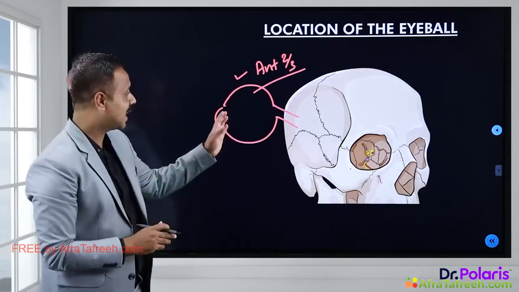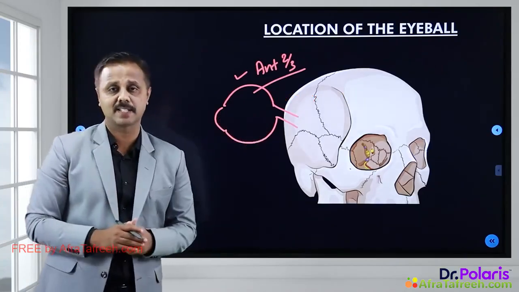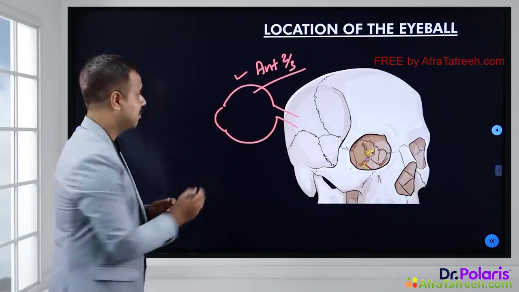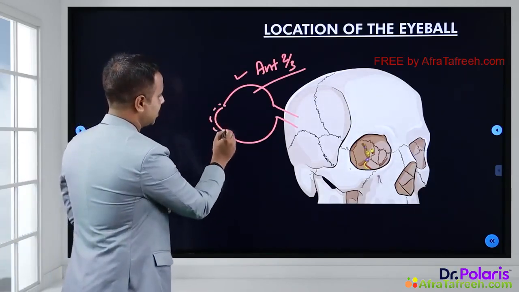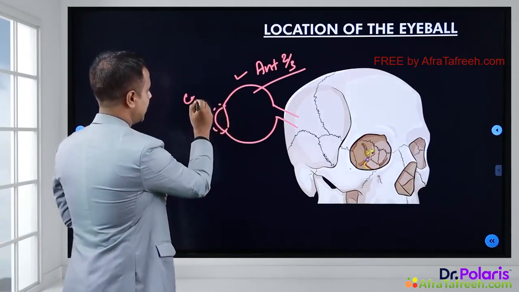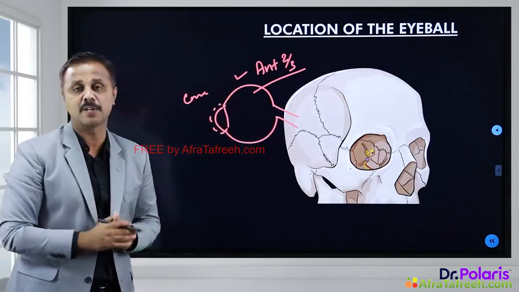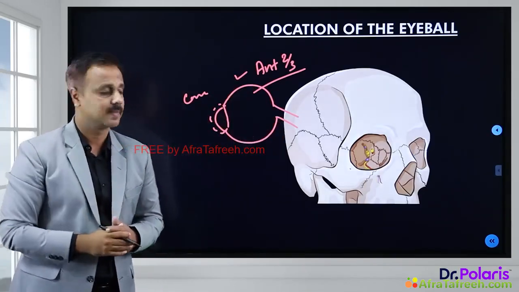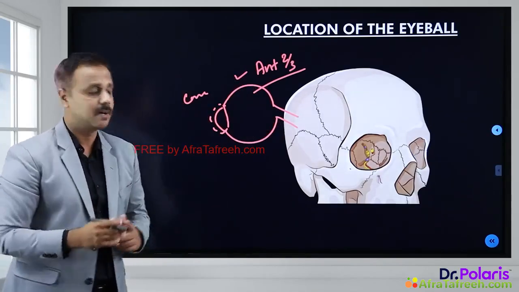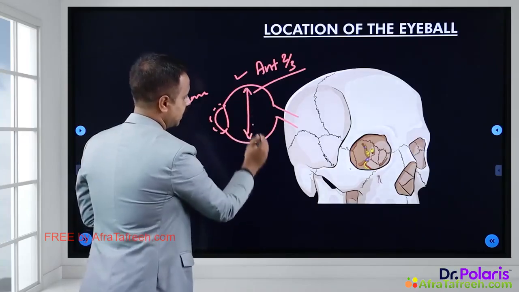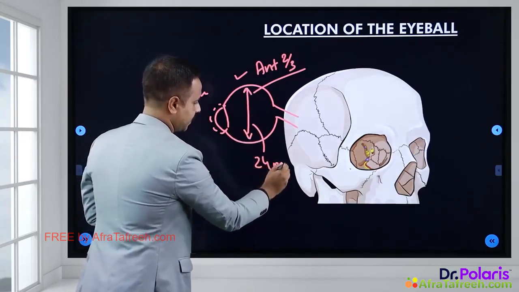It has a posterior 5/6 and anterior 1/6 which are contributed by different segments. For example, this segment is contributed by the cornea, whereas the entire posterior 5/6 is contributed by the sclera.